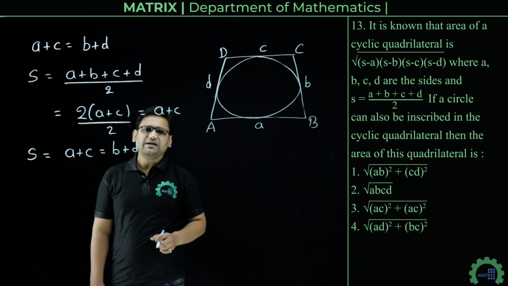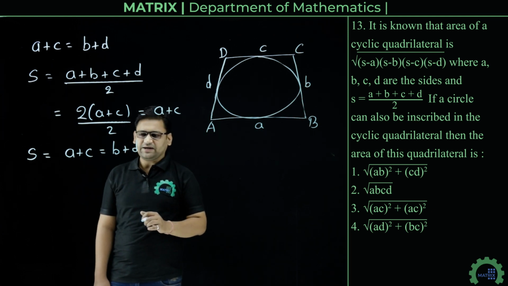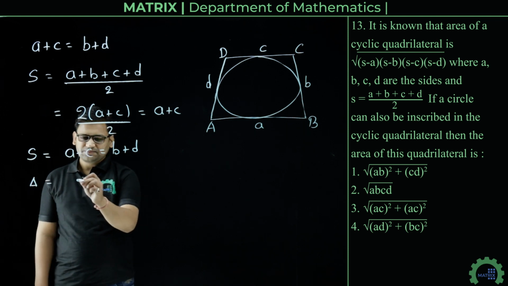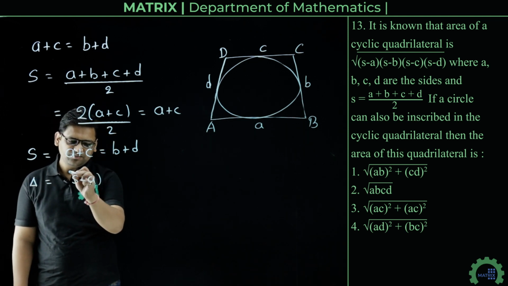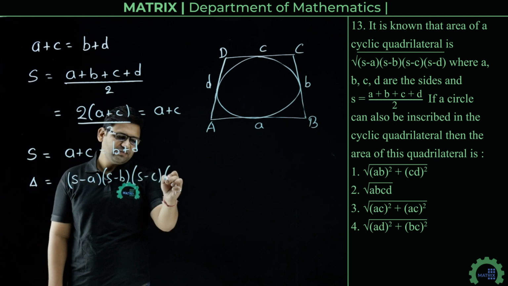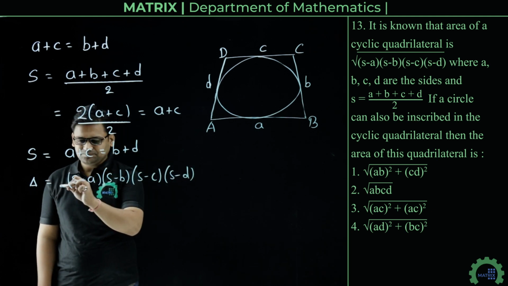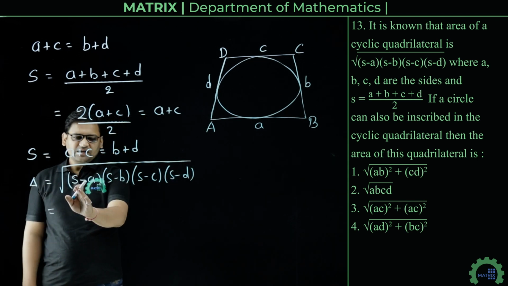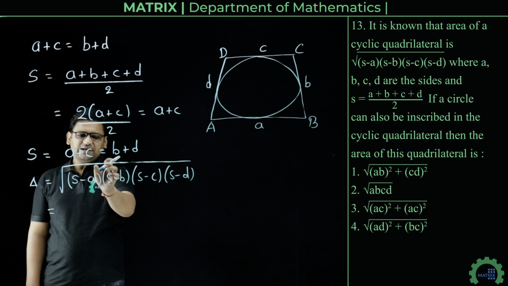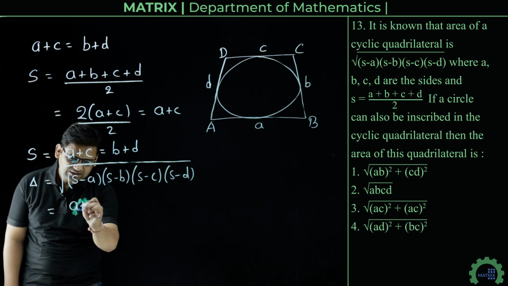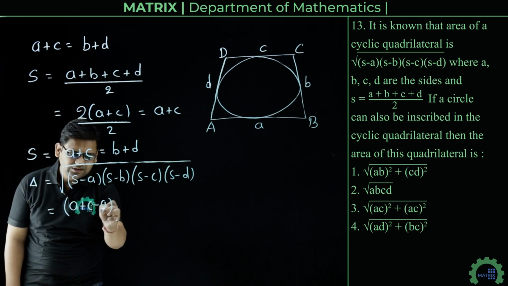Now we have to find the area of this cyclic quadrilateral. The given formula is the square root of s minus a multiplied by s minus b multiplied by s minus c multiplied by s minus d. Now s is a plus c, so we put the value of s as a plus c minus a.